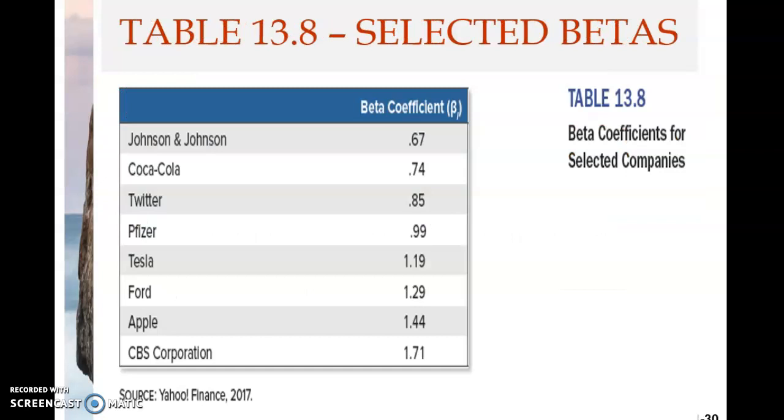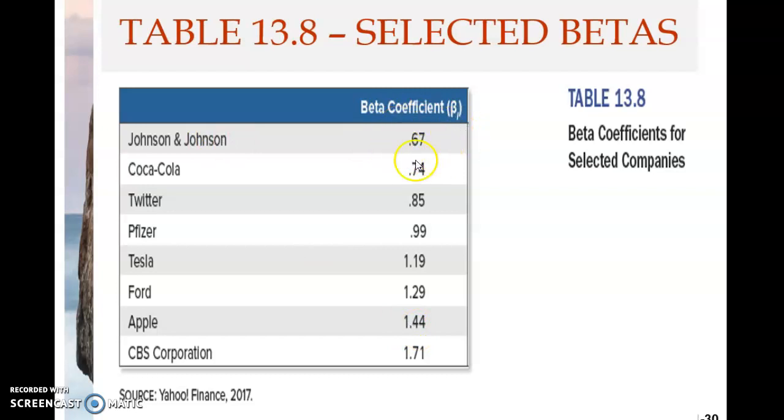Alright, now this table gives you the beta coefficient for some of the more popular or famous stocks. For example, Apple. This is in 2017. So Apple's beta is 1.44. Johnson & Johnson is 0.67.